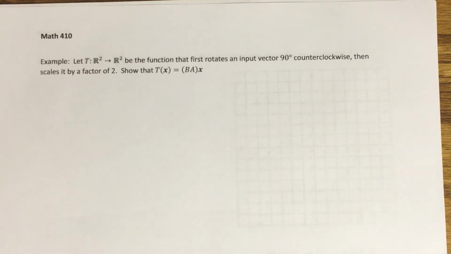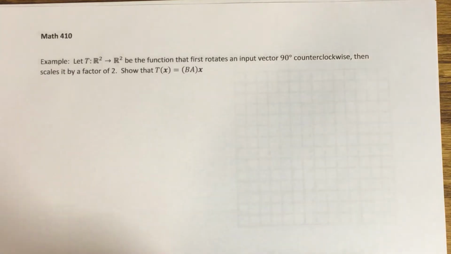Well, you could do the same thing that we did in the previous two examples. You can take I and J and first rotate them 90 degrees and then scale them by a factor of 2 and then use that to figure out what the component forms would look like. Or you could just think of this as a sequence or a composition of two functions and use the work that we already did.